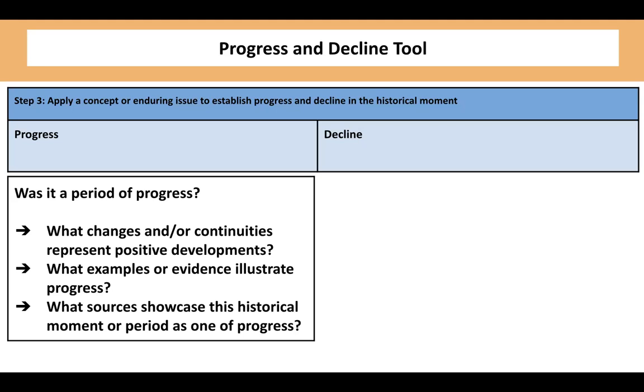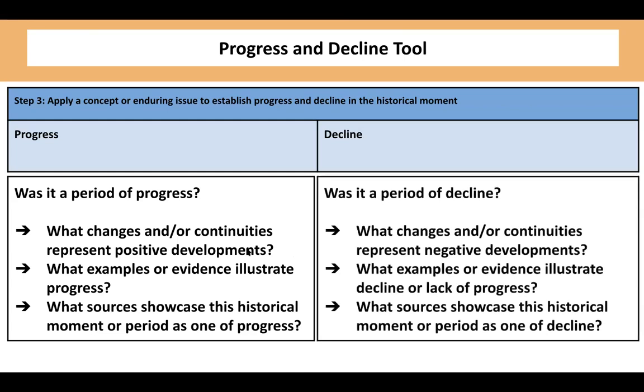Or maybe you want them to also use information from prior knowledge. This could be done in many different ways. And if you are giving them sources, having them identify the sources they're using will be very helpful. So, what sources showcase this historical moment or period as one of progress?